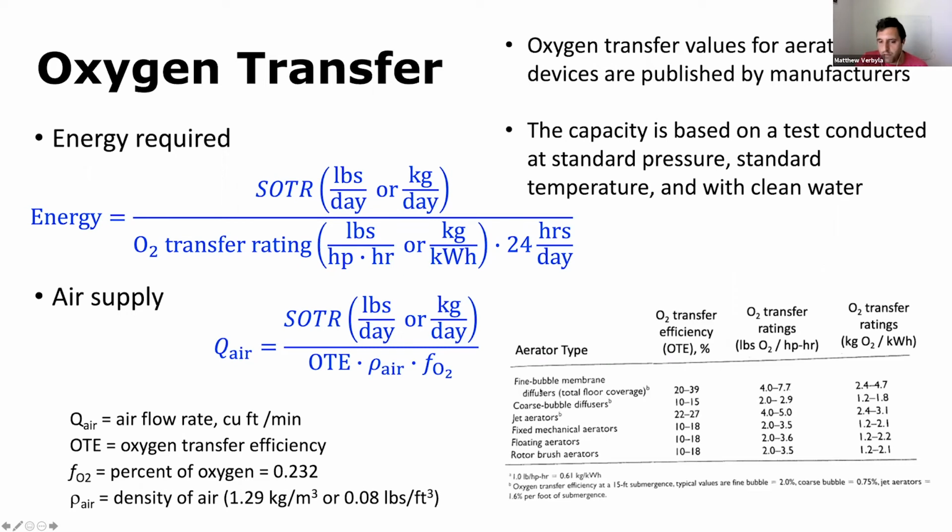So in general, fine bubble diffusers tend to have transfer efficiencies between 20 and 39% with transfer ratings of 4 to 7.7 pounds of O2 per horsepower per hour.